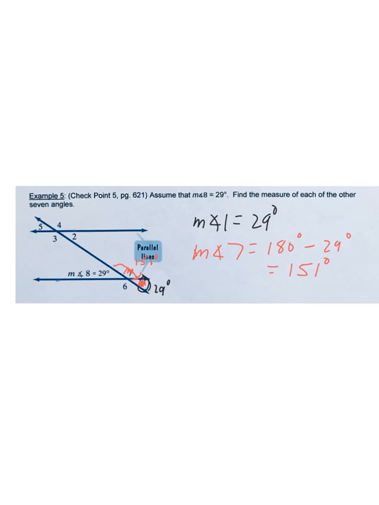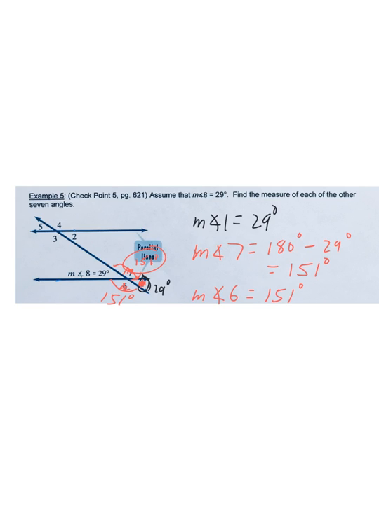And again, angles across from each other are equal. So if angle 7 is 151 degrees, the angle across from it, which happens to be angle 6, must also be 151 degrees. So the measurement of angle 6 is 151.